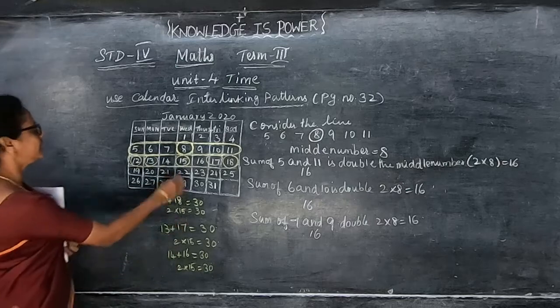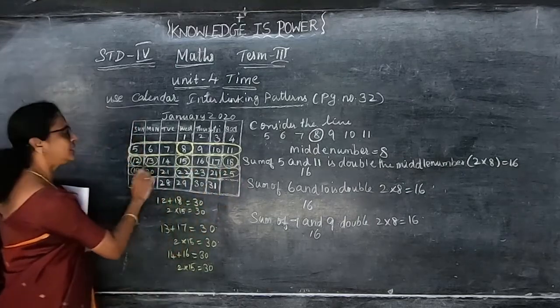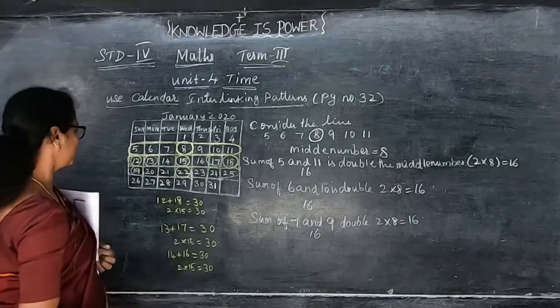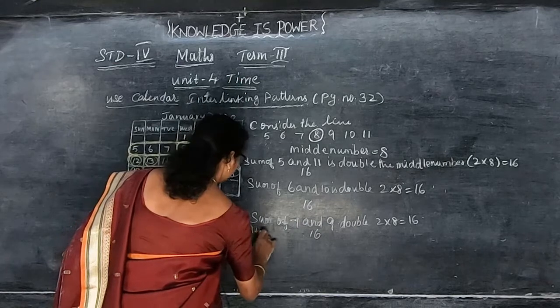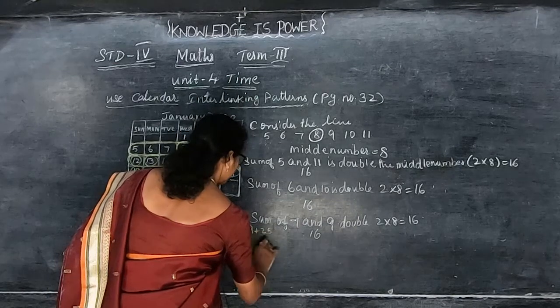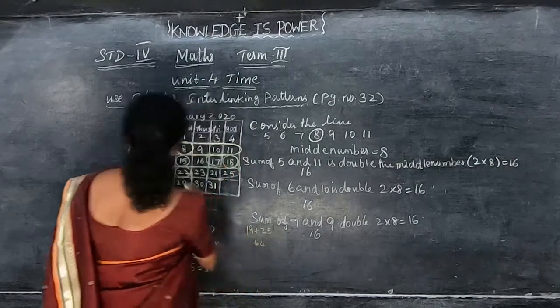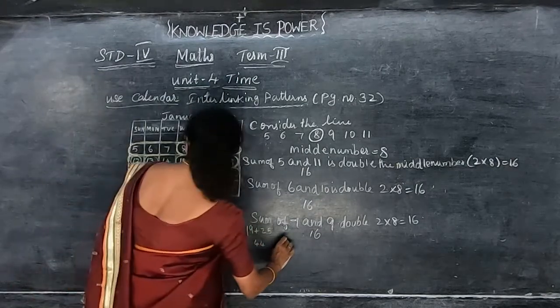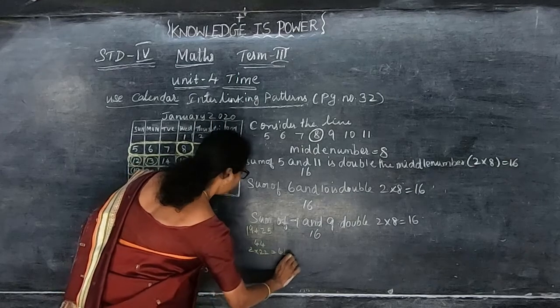Okay, so you can take this also, but 22 is the middle number in the column. 19 plus 25, how much is it? The middle number is 22. 19 plus 25 is equal to 44. So 2 into 22 is equal to 44.